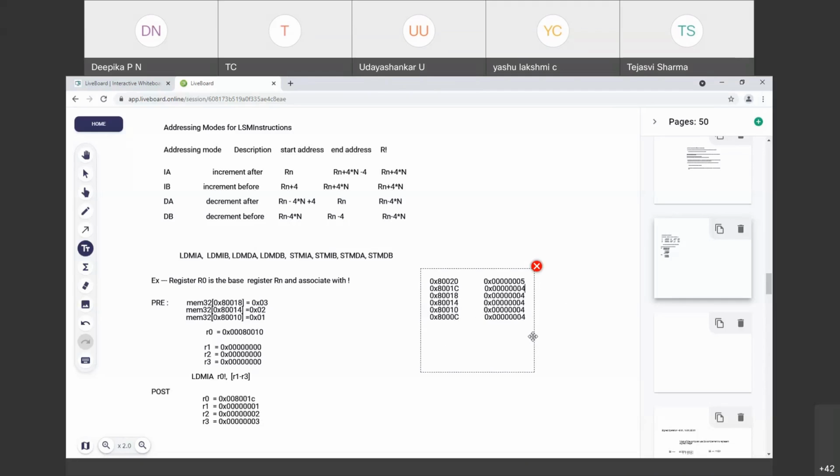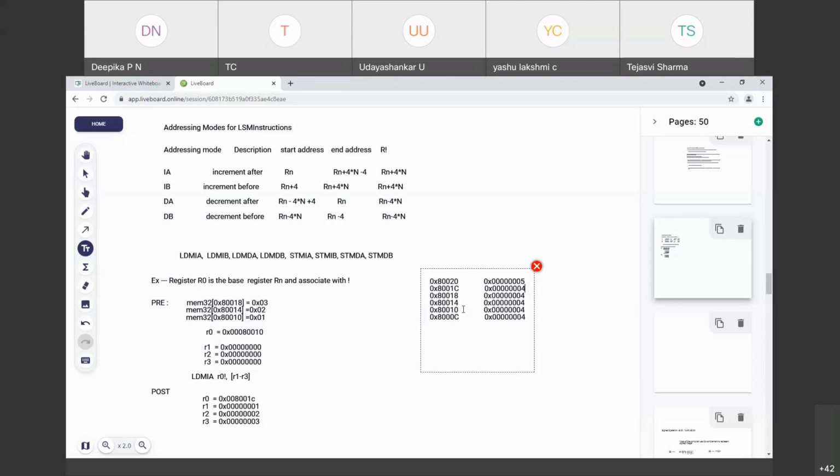It means it's an 8-bit memory location, and you can see 8000C to 80010 there are 4 memory locations. I mean 8000C, 8000D, 8000E, 8000F.